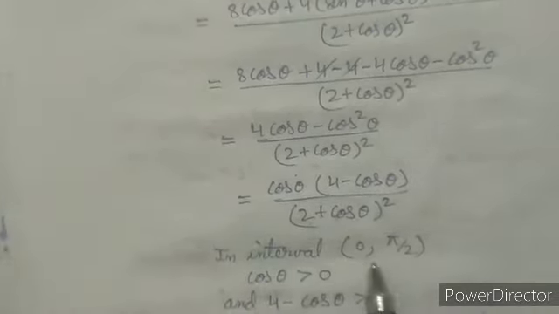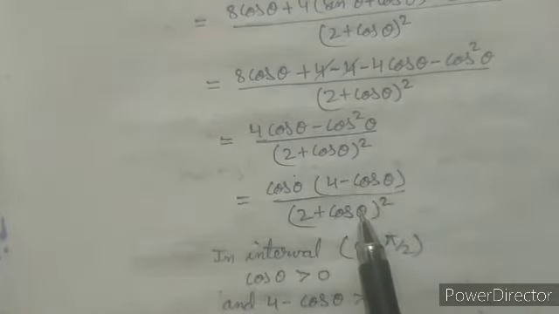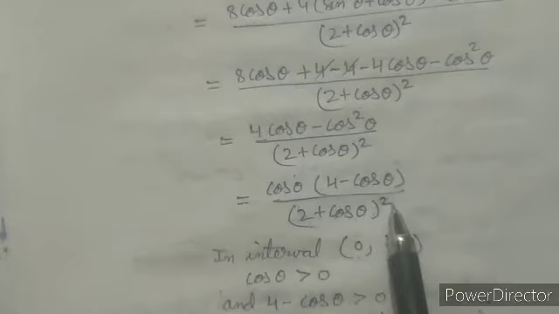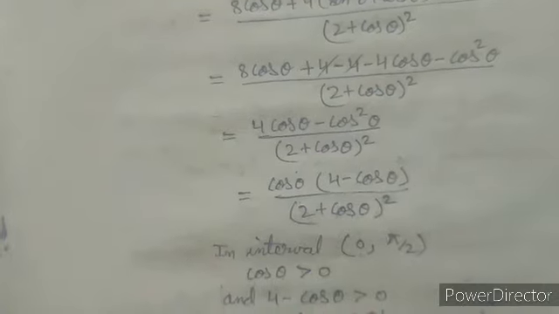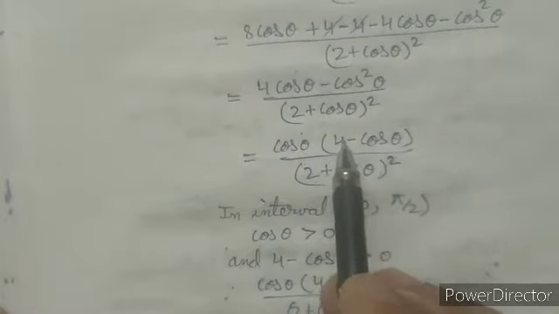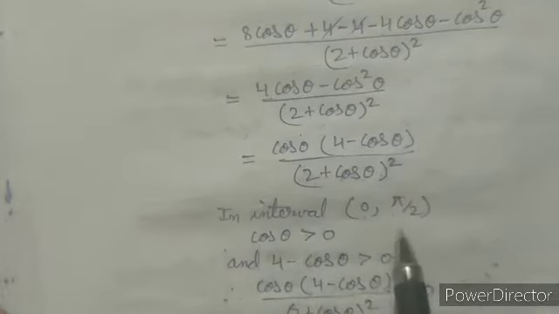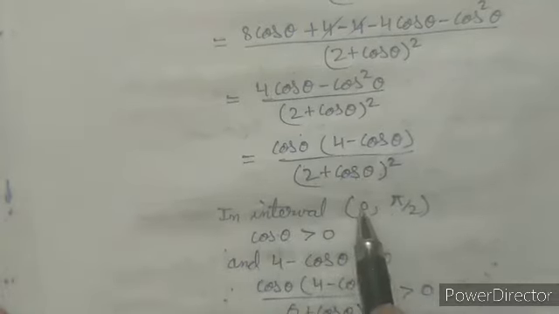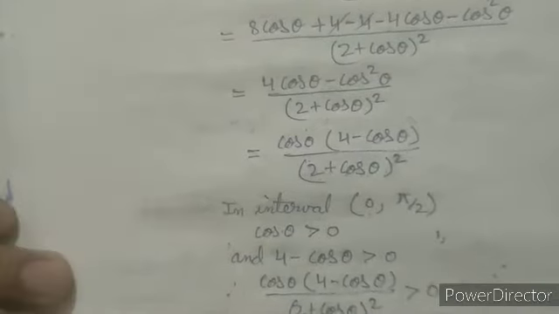Now in interval 0 to pi by 2, cos theta will be positive. That means the value of cos theta will be greater than 0. Now the value of (2 plus cos theta) whole square will always be greater than 0, as the square of any real number is greater than or equal to 0. Now here 4 minus cos theta will also be greater than 0, as the value of cos theta in interval 0 to pi by 2 will be between 1 and 0.